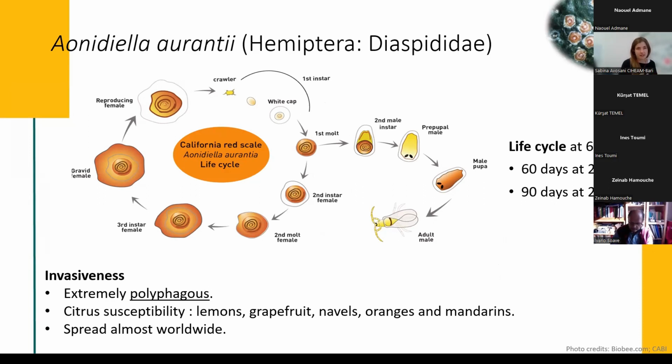Given that it's highly polyphagous and it can tolerate the European climate, it's really invasive and is now distributed worldwide. Even if polyphagous, it prefers citrus plants, lemon and grapefruit being the most susceptible ones.